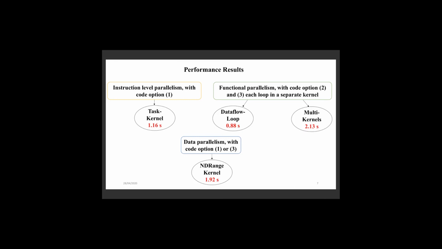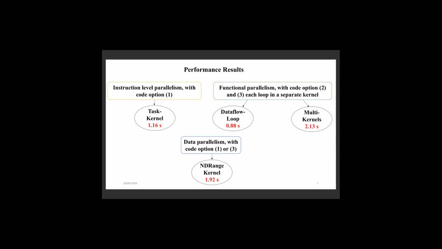After many parameter tuning and experiments of choosing the size of the NDRange group size, the best implementation was the use of one compute unit with one work group of 64 by 64 work items, and that delivered an execution time of 1.92 seconds.